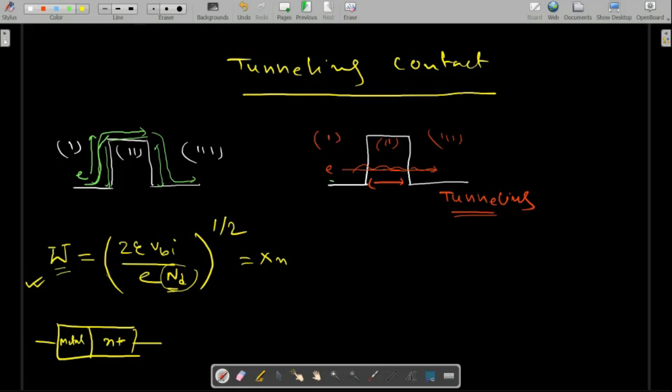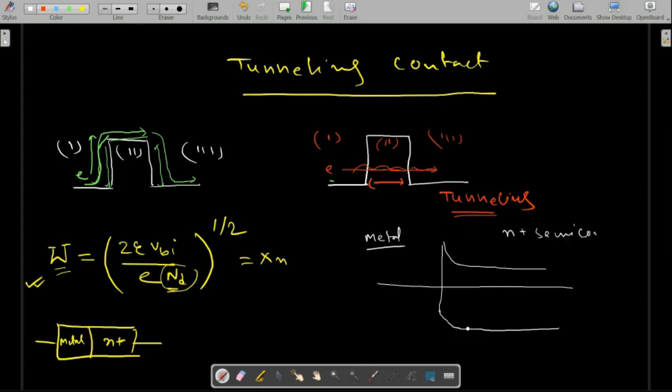Then what will happen if you draw the band diagram? This is the metal side. This is the N plus semiconductor. And here we have a depletion layer.